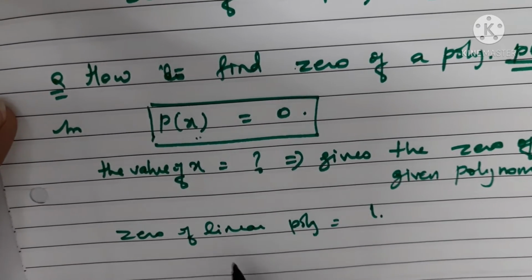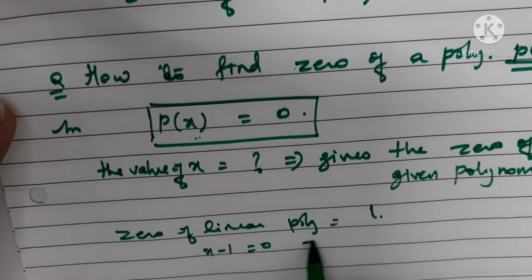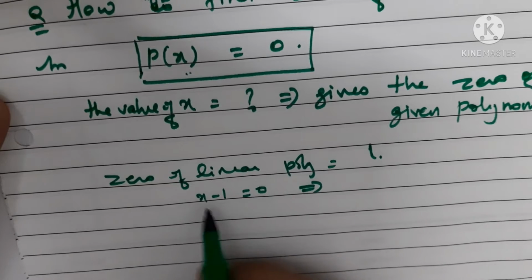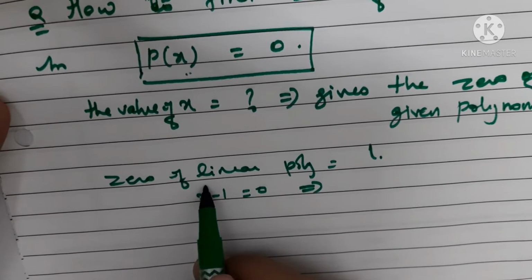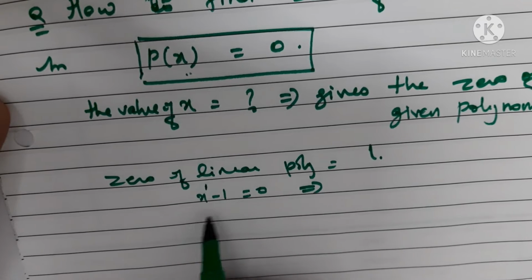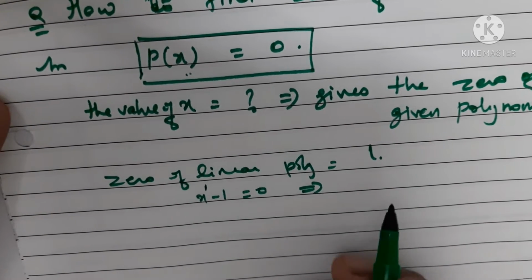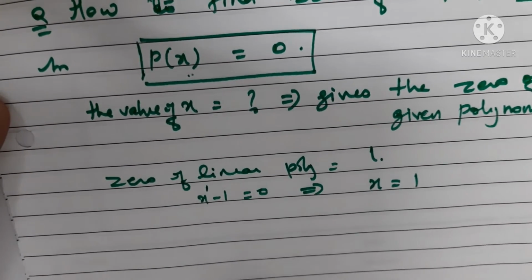will be 1 only. For example, as I have told you, suppose x minus 1 is equal to 0, then what will be the 0 of this polynomial? It is a linear polynomial, na? है ना, यहाँ पे पावर क्या है? Degree is 1 only, so it is a linear polynomial. And when it is a linear polynomial, then its 0 will be what? It is going to give you x is equal to 1.